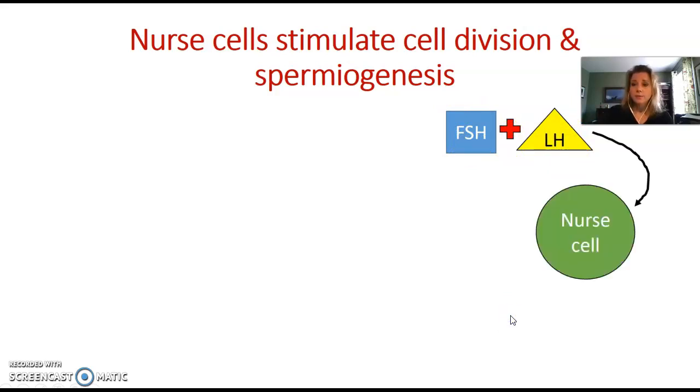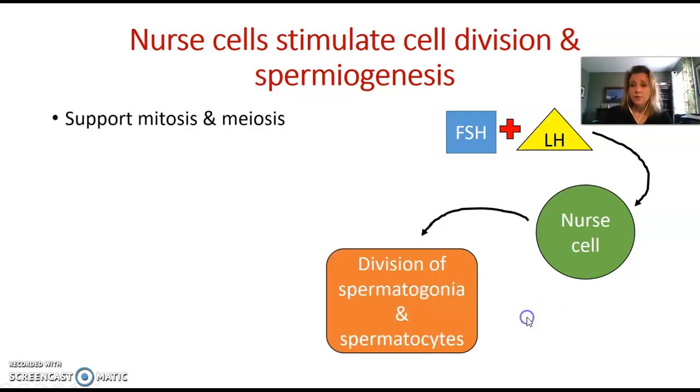These are released from the anterior pituitary, and they are going to stimulate nurse cells in the seminiferous tubules to support mitosis and meiosis. Nurse cells also support spermiogenesis, which is the development of the spermatids into cells that look like mature sperm. It's the development of the head, the neck, and the tail of the sperm.